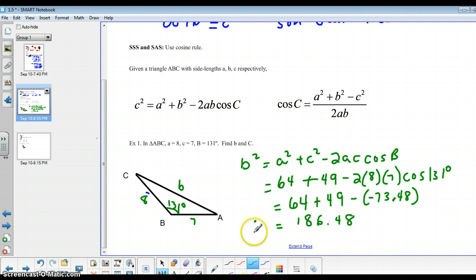And this is all equal to B squared. So to find B, we will have to take the square root of both sides.